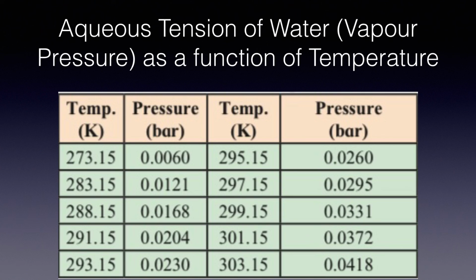So at 273.15, the pressure exerted is 0.0060. And if you take the temperature of 303.15, the vapor pressure is 0.0418.